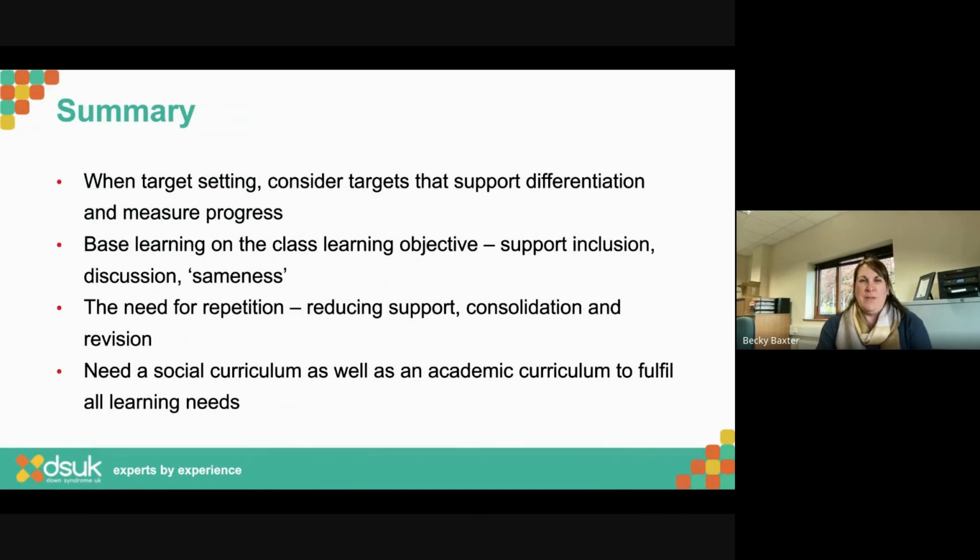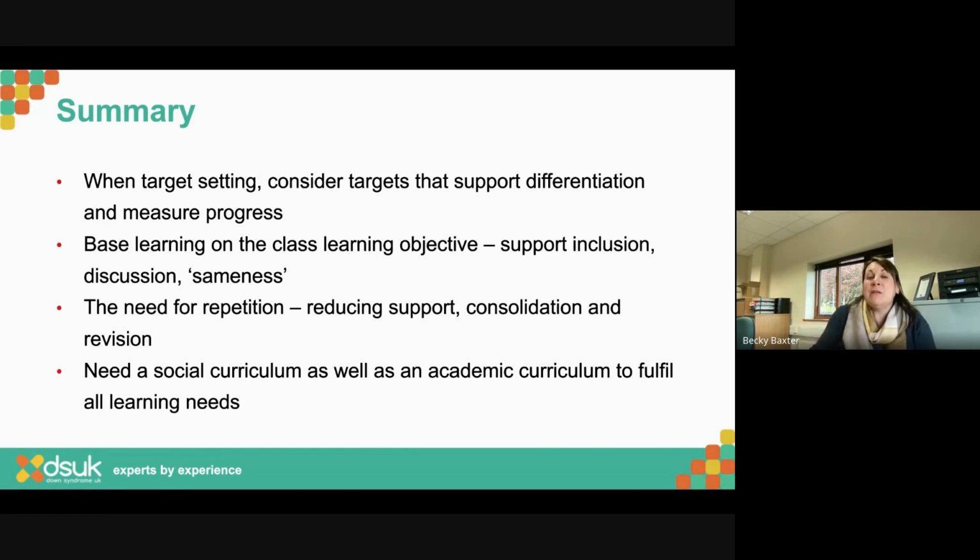Okay. In summary, when target setting, consider targets that support differentiation and measure progress. If you've got those targets set, you can make some of that differentiation and assessment much, much easier. Make sure you base your learning on the class learning objective. That's essential for supporting inclusion. I'm on the same topic as everybody else. I'm going to be discussing my level with my resources, but it matches what everybody else is doing.